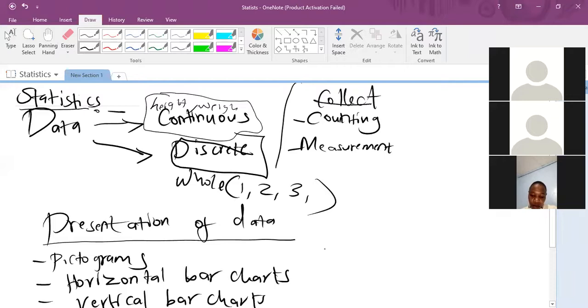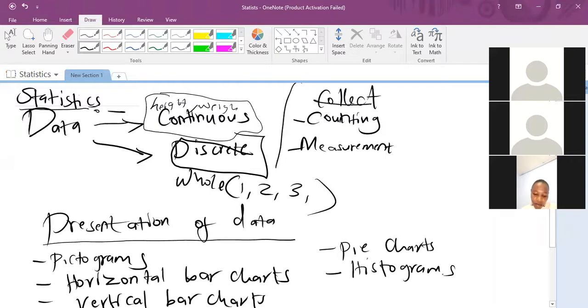We can present them using pie charts and histograms. Those are just a few ways of representing our data.